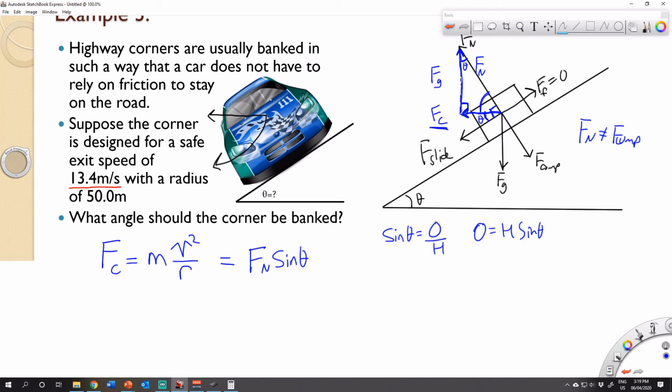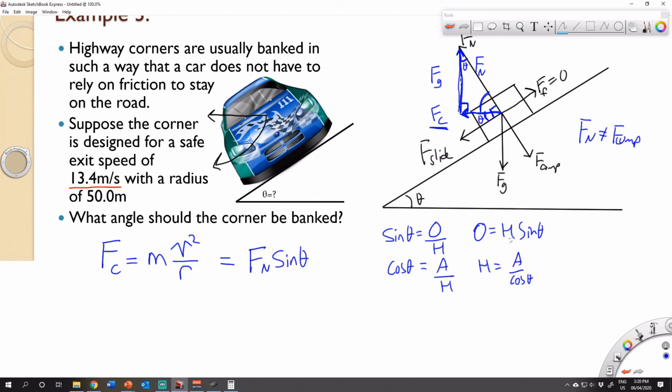And that's because if this y component here were not the same as the force of gravity, then the car would be pushed into the ground, or the car would start floating above the ground, which we don't want. Okay. So looking at this diagram here, Fg is the adjacent side to the Fn, so I can use cosine to figure out another expression for Fn, because cosine is A over hypotenuse, so hypotenuse will be A over cosine theta.